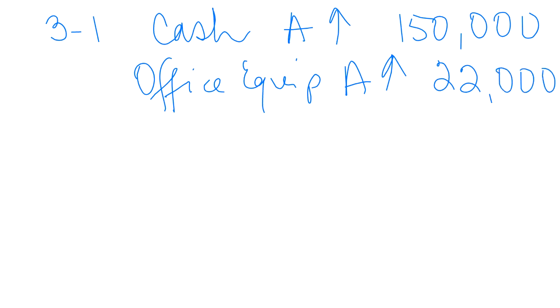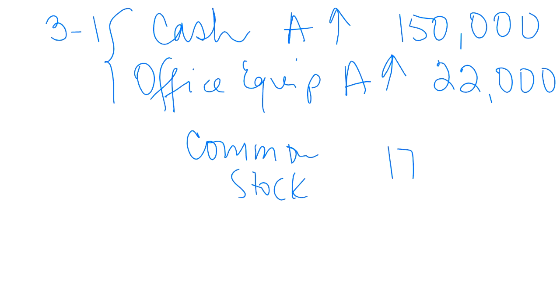We're not talking about debits and credits. We're simply analyzing the transaction. So these are our increases. What the company gives up is common stock. So stockholders' equity will be increasing as well. So common stock will go up $172,000.